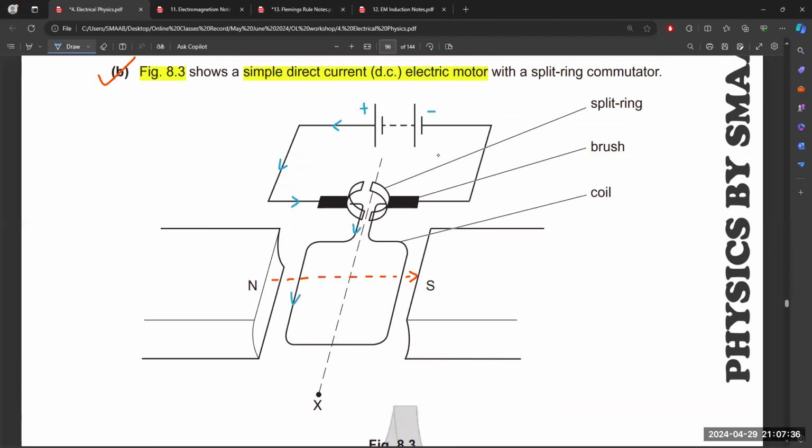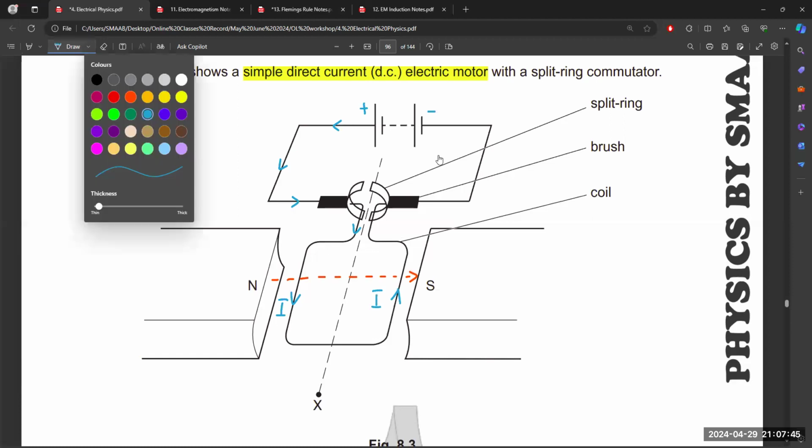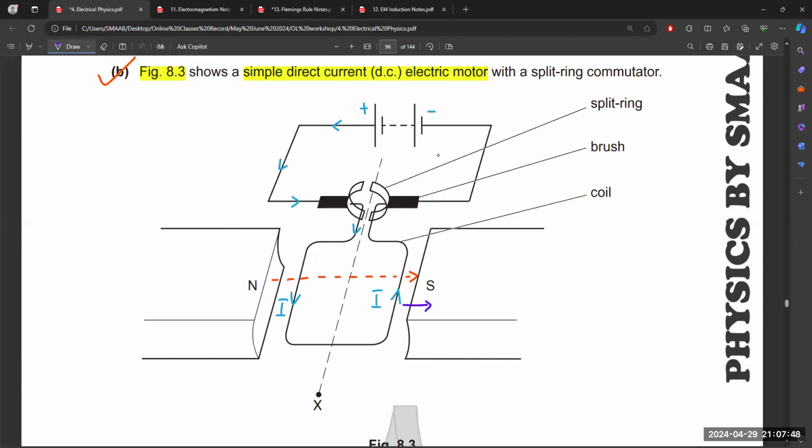So current is moving into the page from the right hand side, and from the left hand side, current is moving out of the paper, right? So now you have to use the left hand rule to identify the direction in which the forces are acting.